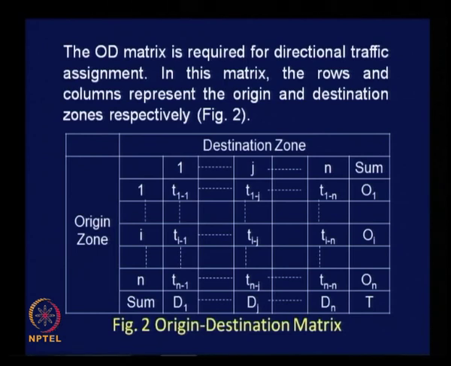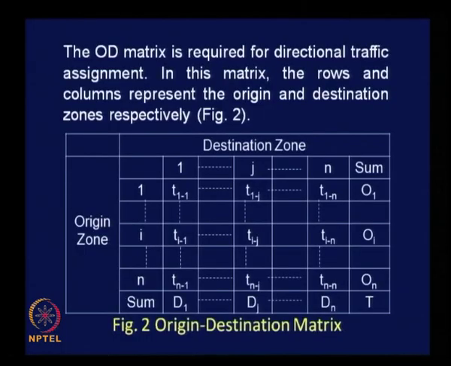That is the only difference between the PA matrix and OD matrix, and in the notation there is a minor difference. Earlier we named the cell value as Tij, for example. In this case it is named as Ti-j to differentiate between the PA matrix and OD matrix.